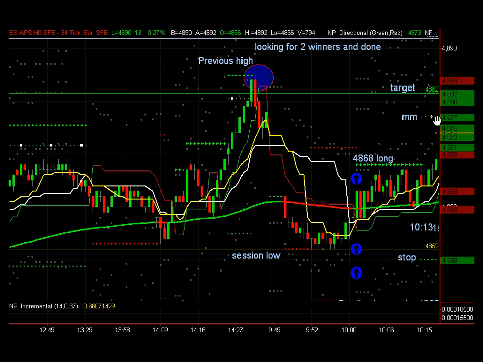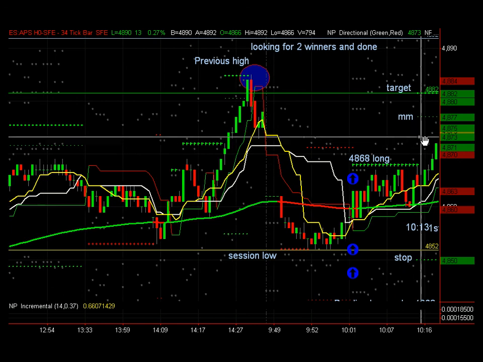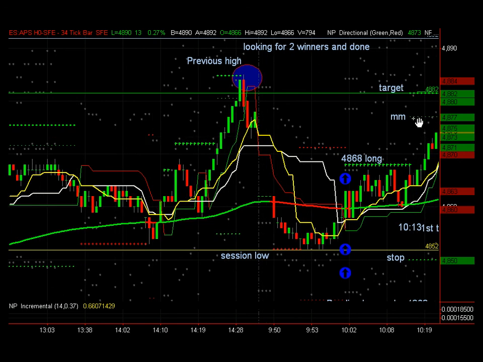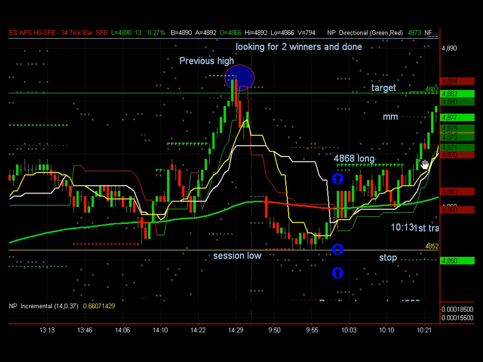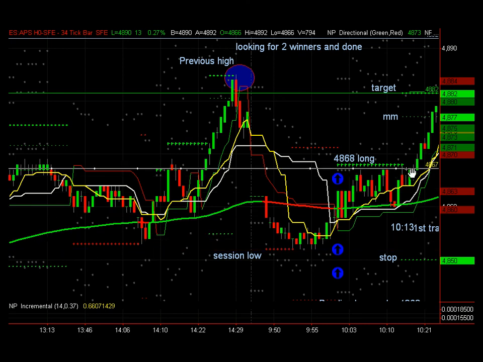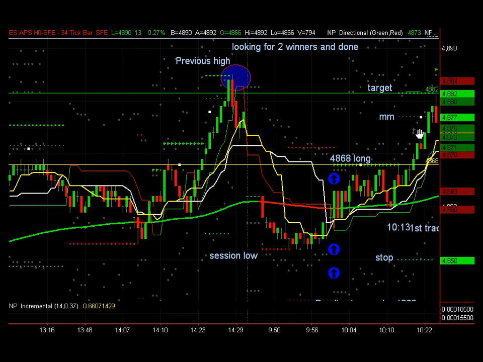Now we're looking for this money management level to get hit. As soon as that level gets touched, we'll bring our stop to break even, so we'll push that up to 48.68, and you can see that we don't quite touch. We get as high as 48.81, just a tick away from 48.82.